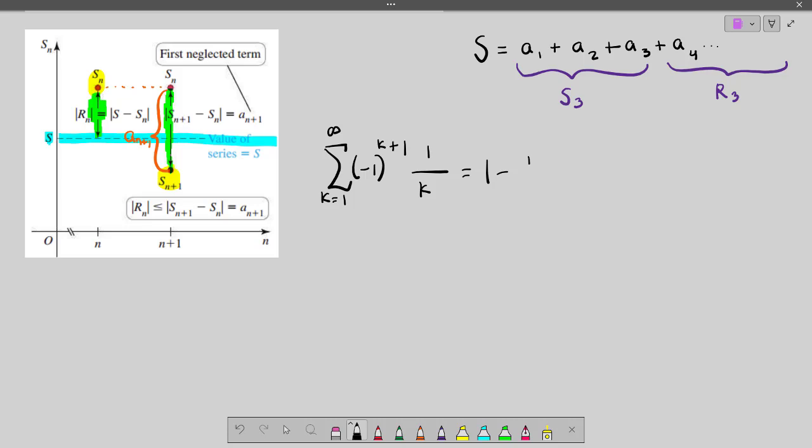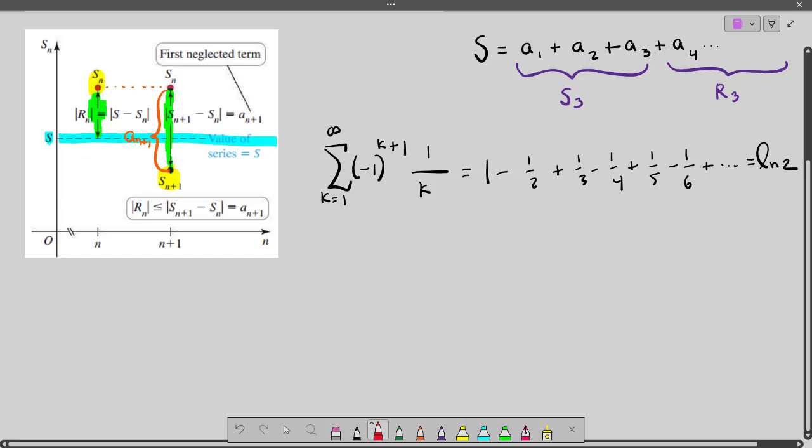So it's going to be 1 minus a half plus a third minus a fourth plus a fifth minus a sixth. And we know, I mean, we didn't prove this, but I've told you that it converges by the alternating series test, and it converges to natural log of 2.